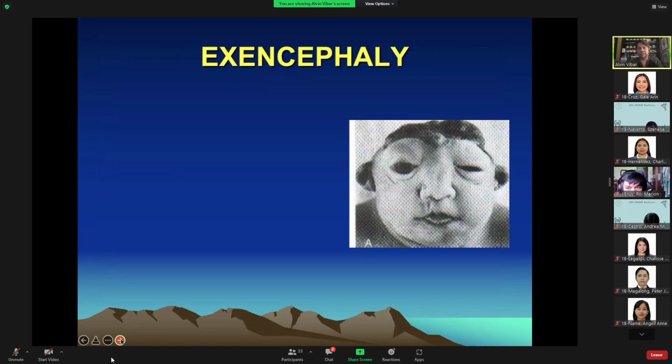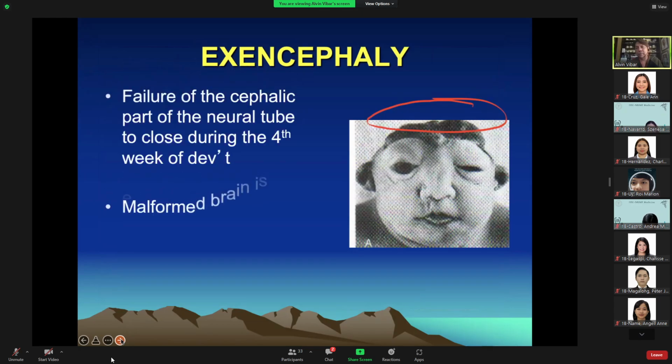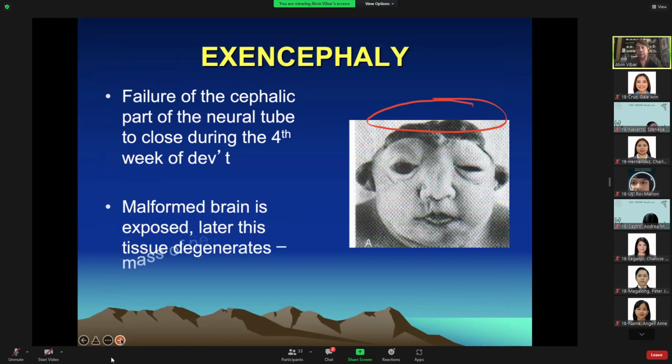Exencephaly. The baby is born without the cranial vault, the skull top. So it is open, which means the cranial neuropore did not close. And if it is open, the brain may be necrotic, with tissue degeneration, a mass of necrotic tissue.